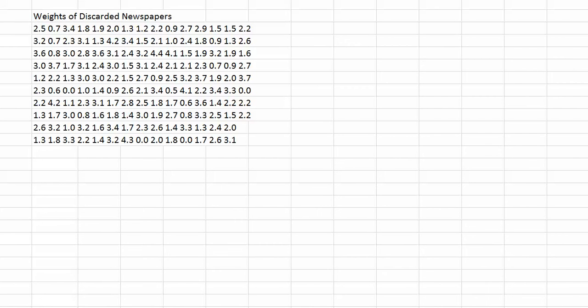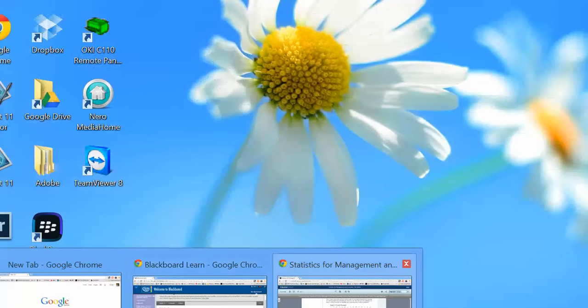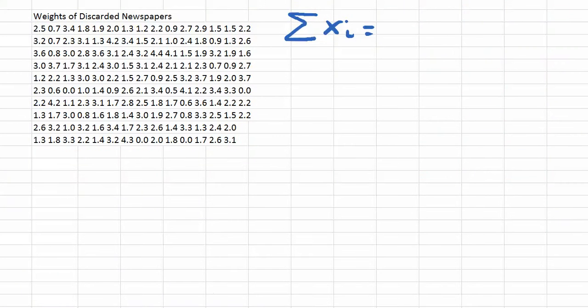Hi Aki, your question was where does the sum of xi come from? So right here, the sum of xi, and they tell you that it was 322.7.